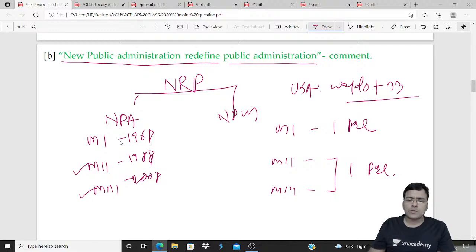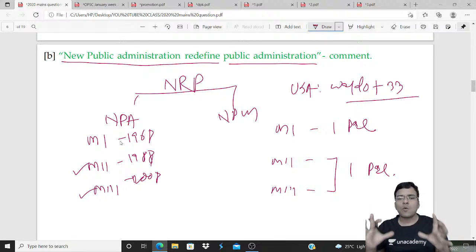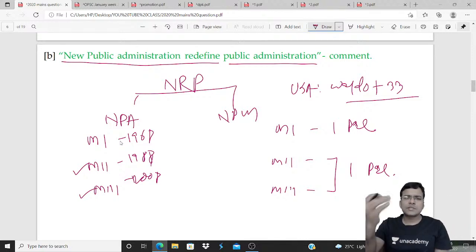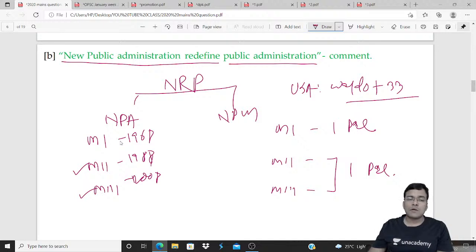So Waldo, Golembiewski, Negro, every theorist you can write that they have given their idea. Waldo is main, and just shortly, without explaining, write everything. Whatever you can write without explaining, because the evaluator wants more information in a concise manner. So it is a challenge. I agree that writing new public administration in 2 pages, in 200 words, is a challenge, but you have to, without explanation, write all points.